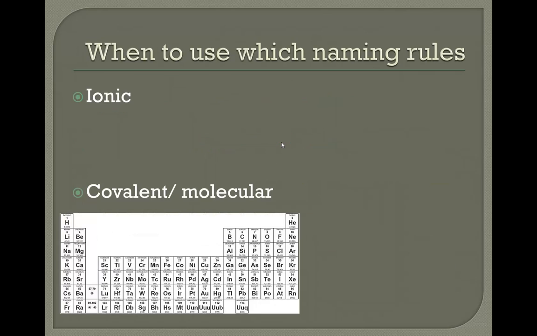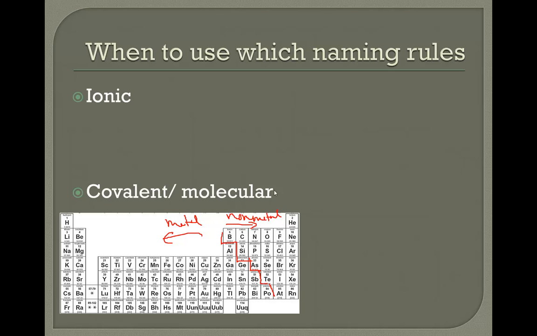So when to use which naming? You look at the staircase, the diagonal line. If it's on the left, it's a metal. If it's on the right, it's a nonmetal.